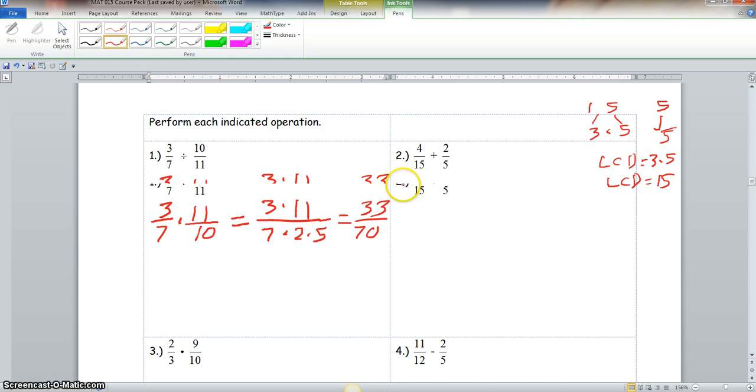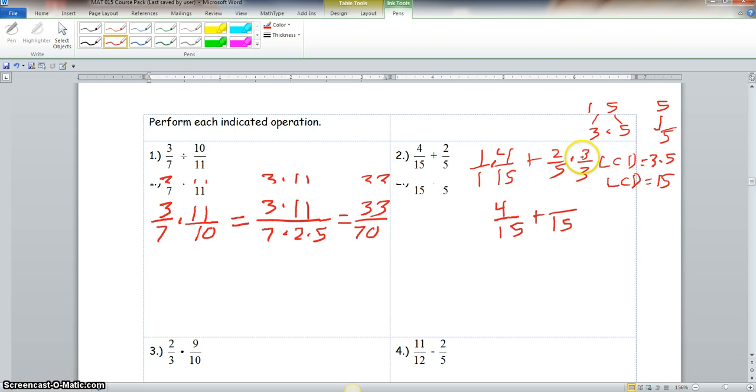But going here to number 2, it looks as though it's repeating here, but we see our common denominator is 15. So we'll do 4 over 15 plus 2 over 5. Our common denominator is 15. So we say 15 divided by 15 is 1. So we multiply our numerator and denominator by 1. And that will give us 4 over 15. 15 divided by 5 is 3.